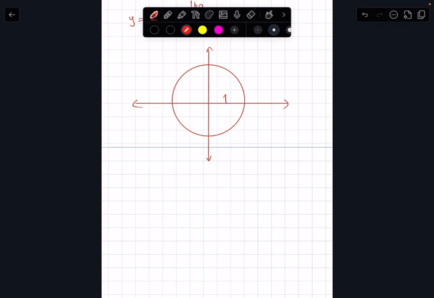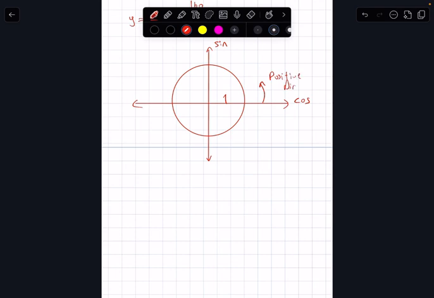Okay? And the x-axis, the horizontal one, is called cosine. And the vertical one, the y-axis, is called sine. Our degrees start from here and go this way. This is the positive direction, okay?